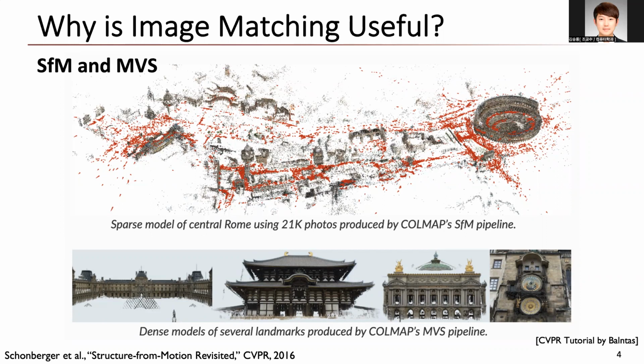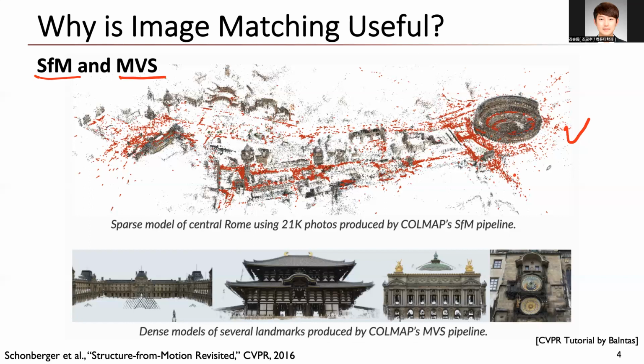So one of the most fundamental techniques to reconstruct a 3D model is structure from motion, or MVS, or multi-view stereo, right? This is an example of the sparse model of the Trevi Fountain using 21K photos produced by the COLMAP SFM pipeline.